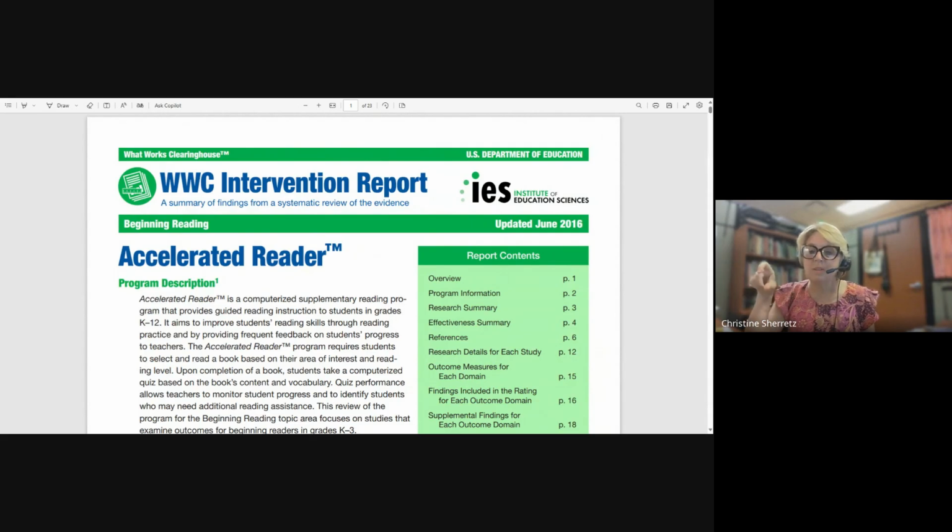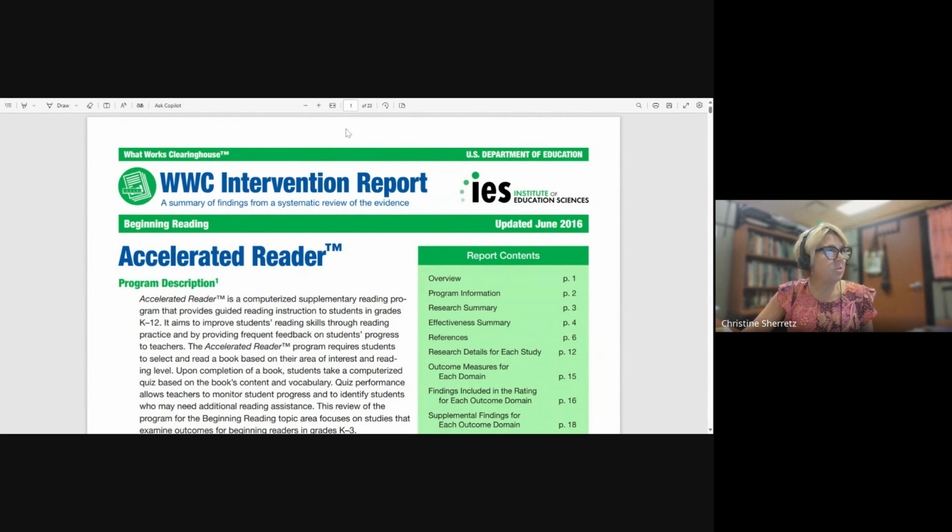Students are supposed to be reading at their Lexile level. So I pulled up this report from What Works Clearinghouse, and What Works Clearinghouse, if you're not familiar, I'll put that in the announcement today. It is a website that you can go in, you can put in programs and interventions, and that'll tell you what does the research say.